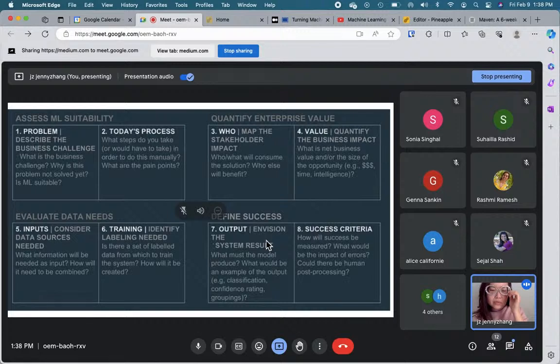The output would be 10 viral videos that are ranked by potential revenue, not ranked by potential virality. And then the success criteria is like, we thought that these videos would monetize, but actually only one monetized. And how can we replicate that one? What are the inputs and training that actually made that video monetize?